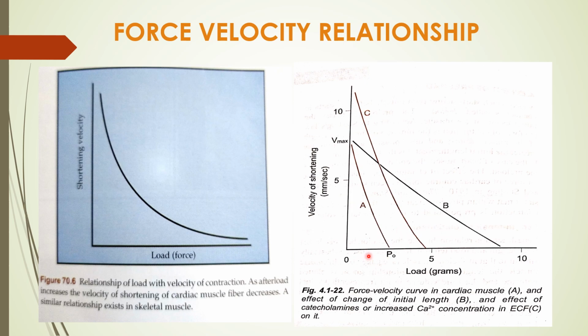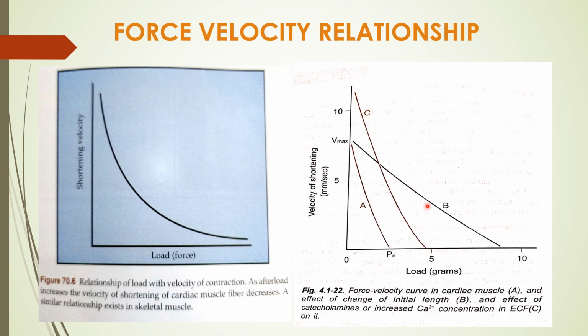And if you change the initial length of the muscle by increasing the load, what happens? The velocity will not change. The Vmax will be the same, but the force of contraction will increase. And also if you give catecholamines or the calcium concentration is increased, both the load and the Vmax are increased.